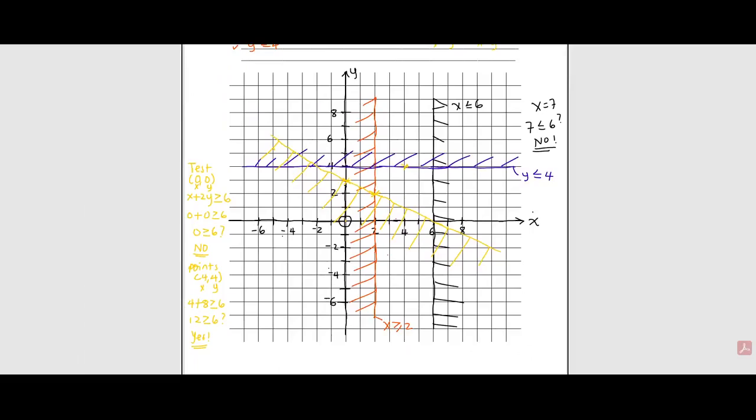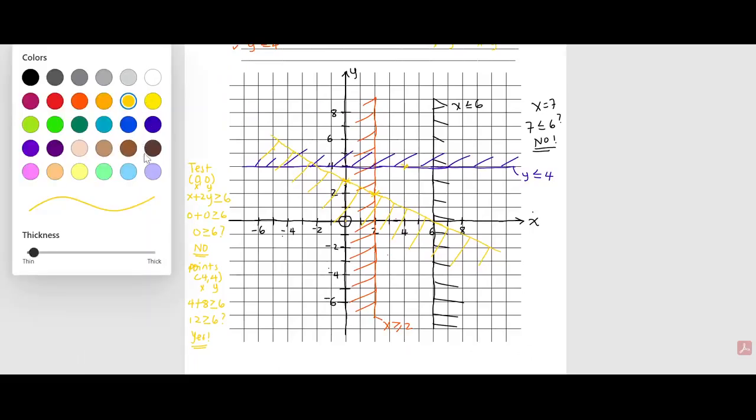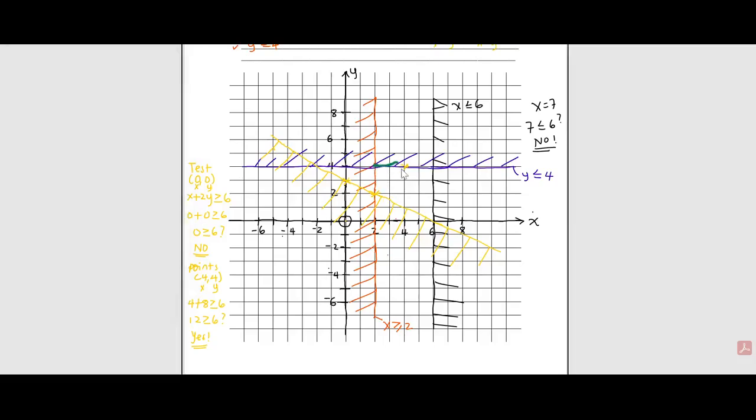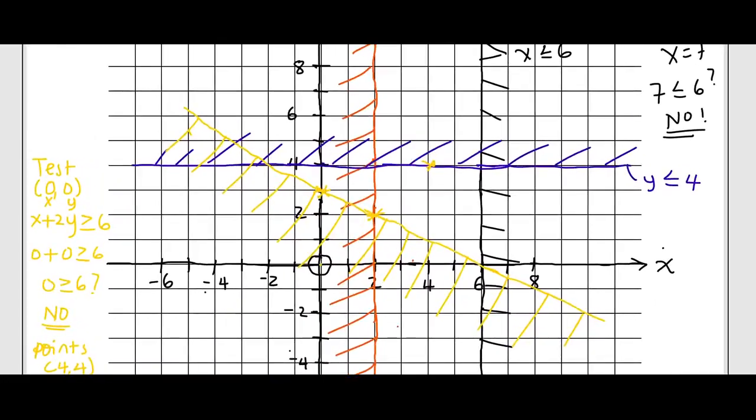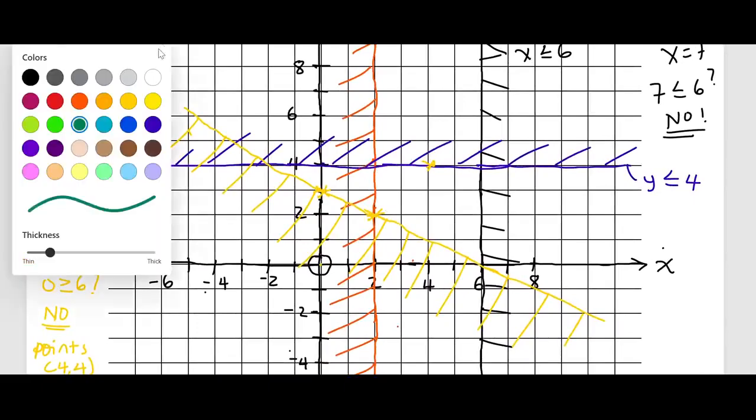And what shape has it formed? Which color can I use here? Let me use green. Let me zoom it in. This thing is very thick, let me reduce it like that.